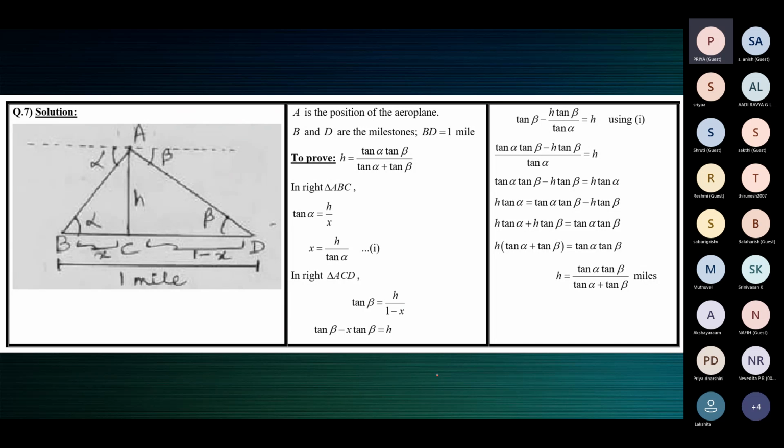But how is it 1 mile then? Here, when it's given two consecutive milestones, two consecutive numbers, the difference between two consecutive numbers will be 1, right? Similarly, here the distance between the two consecutive milestones will be 1 mile.